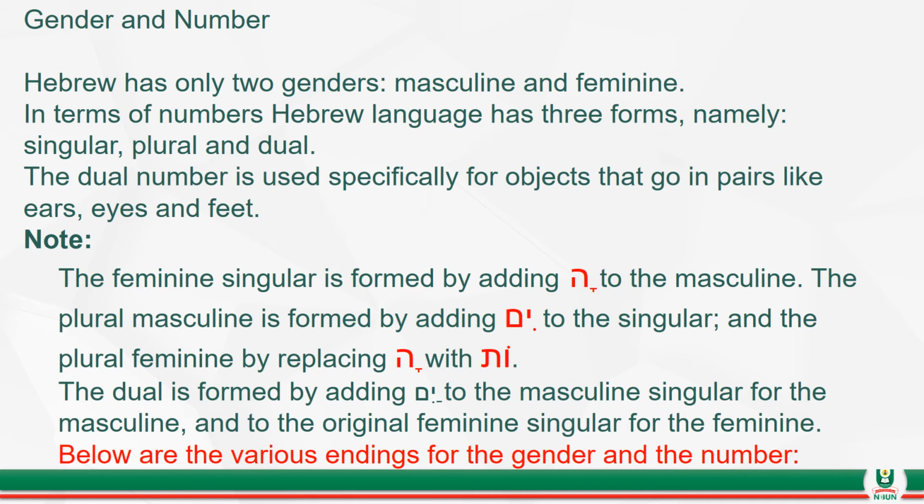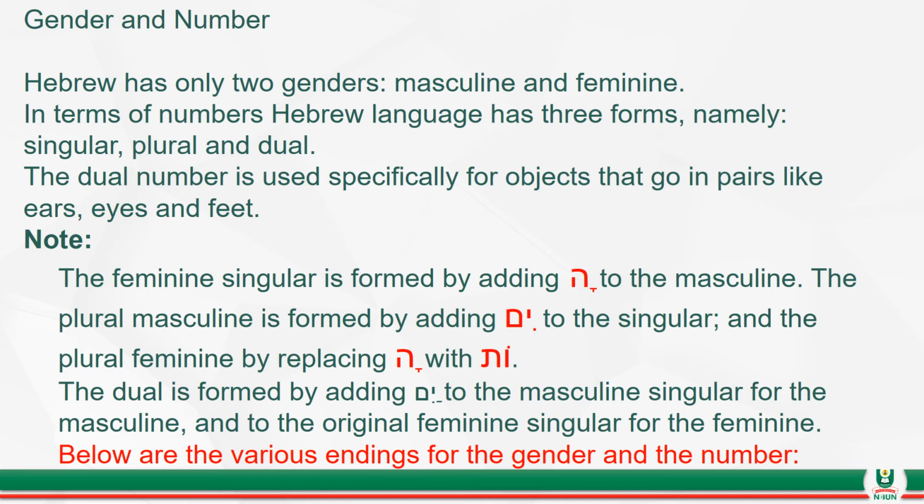And the plural is formed by the addition of yod mem to a masculine word to make it plural. So anywhere you see a word ending with im, the primary suggestion will be that that word is a masculine plural word.